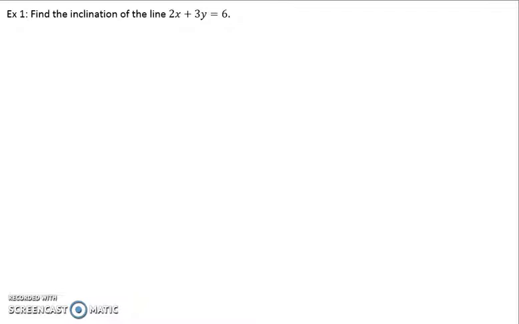So find the inclination of the line 2x plus 3y equals 6. Now, we just saw that the inclination is going to have this relationship. So theta is our inclination. Tangent of theta equals the slope, so we need to think about the slope here. If we put this in slope-intercept form, we get y equals negative 2/3 x plus 2.